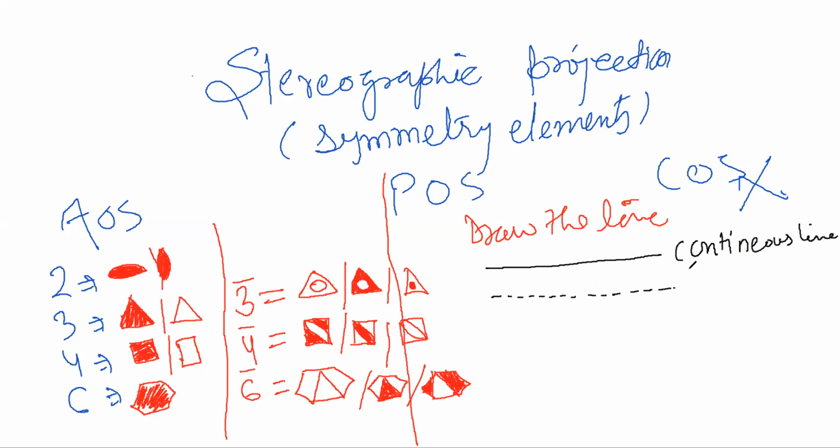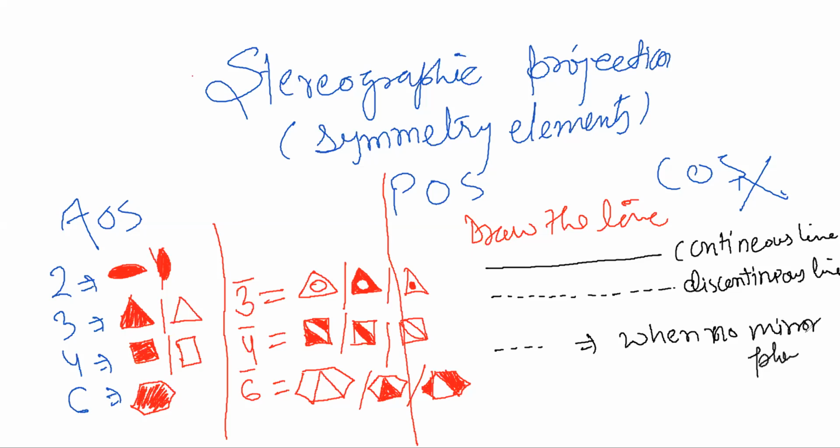If a continuous line is there, it means one thing, or a discontinuous line could be there. So discontinuous is drawn when there is no mirror plane, or according to the symmetry element. Continuous line is drawn for mirror plane.